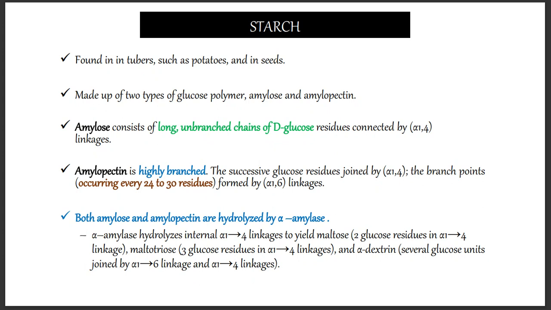Amylose is unbranched. It is just straight. So it only has alpha 1,4 glycosidic bonds, because alpha 1,4 glycosidic bonds are the bonds which make a molecule linear. Amylopectin is highly branched.